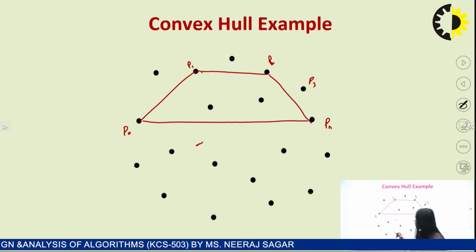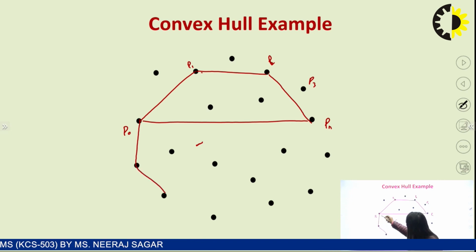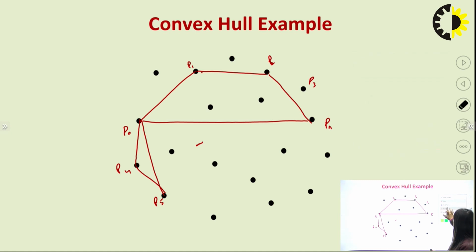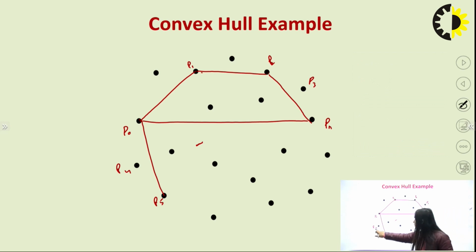So how are we going to solve it? See, if you check P0, P4 and P5, a triangle is being made. If this condition arises, you simply need to delete this part. Now this part is your P4.